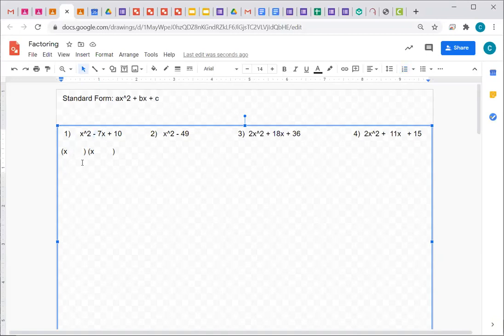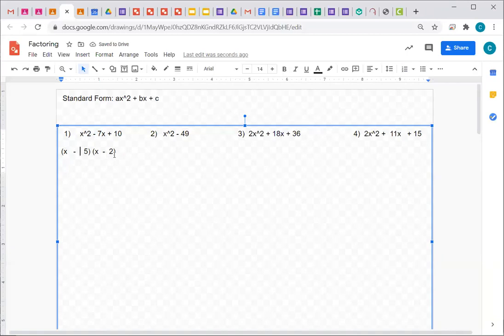Okay, so I think, all right, well, -5 can go here, and -2 can go here. Right? You could also use the X method if that's what you use.